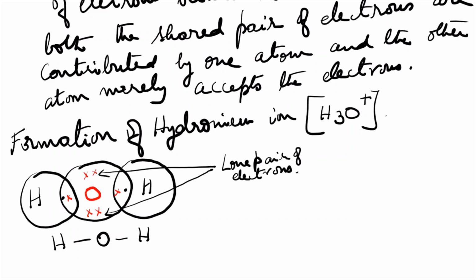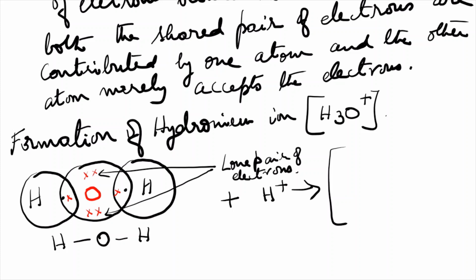Okay. Now when this water molecule combines with again a hydrogen ion H plus, it leads to the formation of hydronium ion. Now in this the hydrogen ion does not contribute any electron. The oxygen of the water molecule only contributes one lone pair of electrons for sharing.